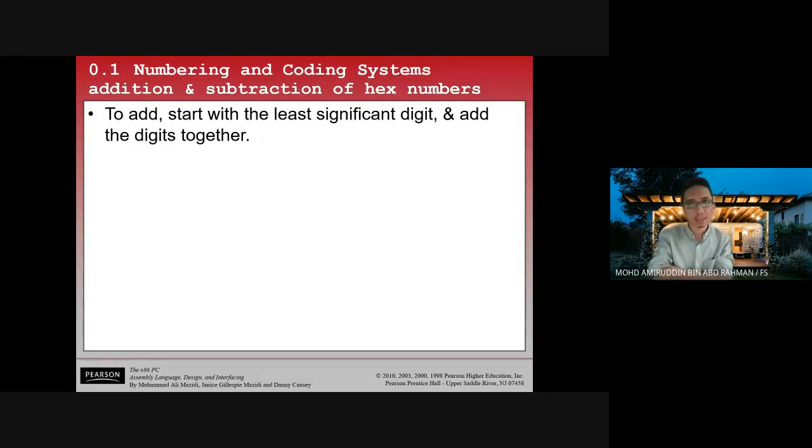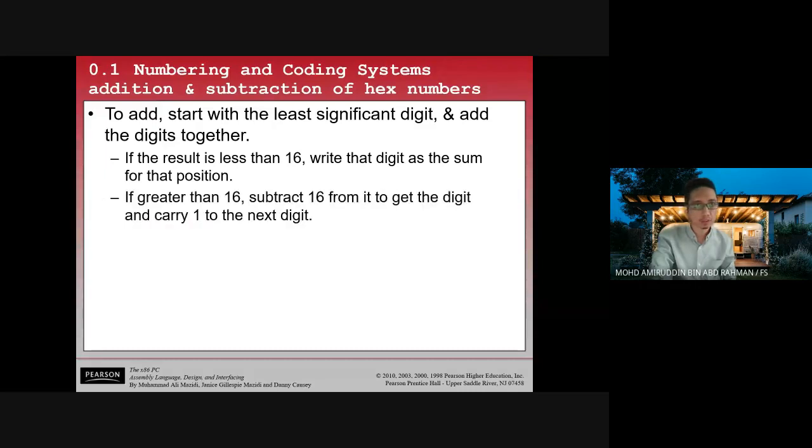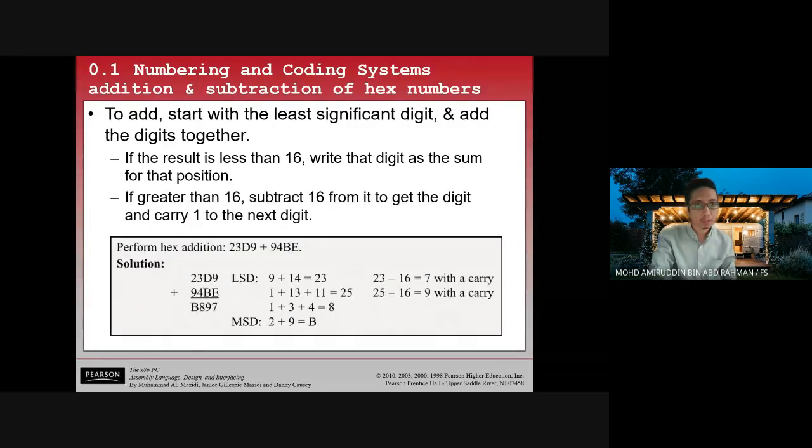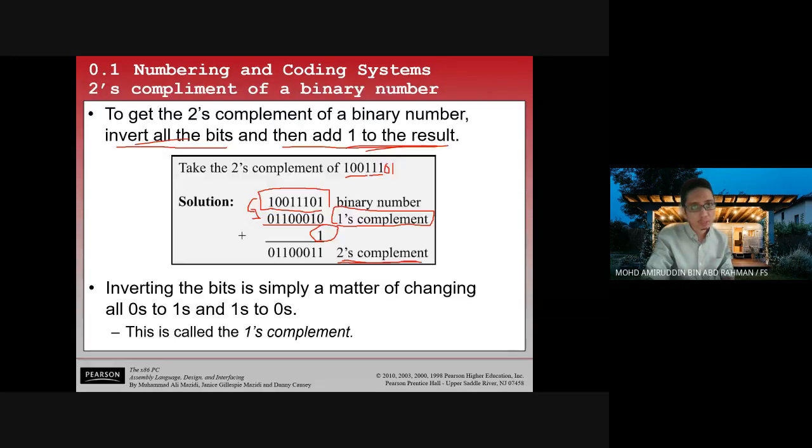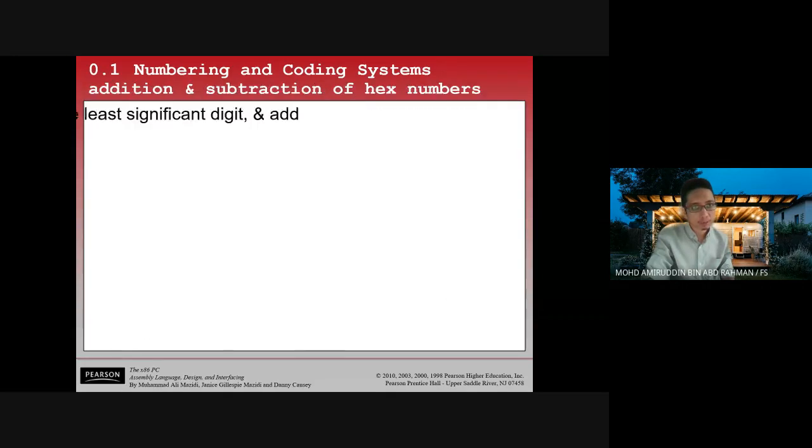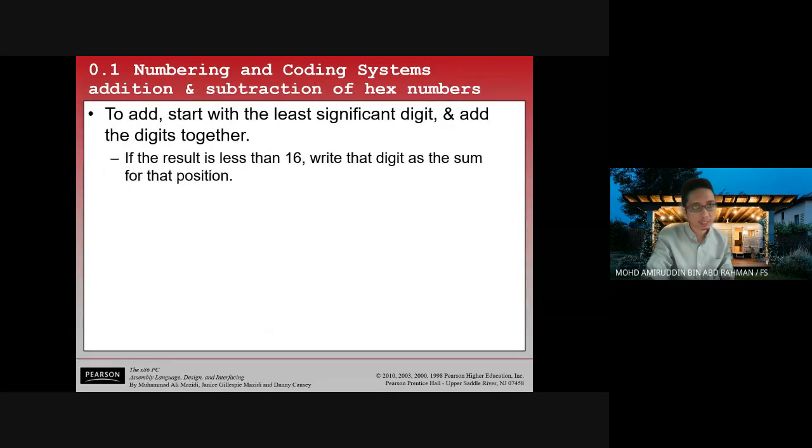To add, we start at the least significant digit and add the digits together. This one is for the binary number, but now we go to the hex addition and subtraction.